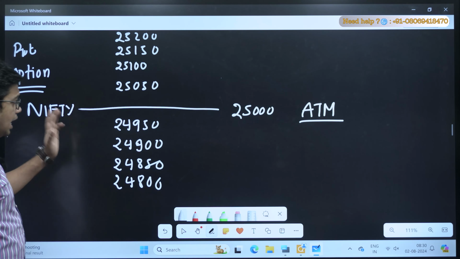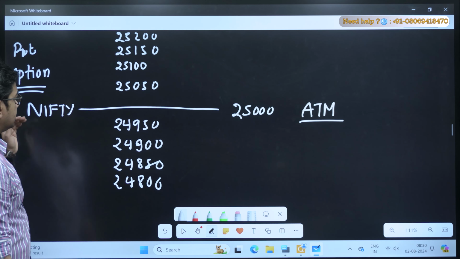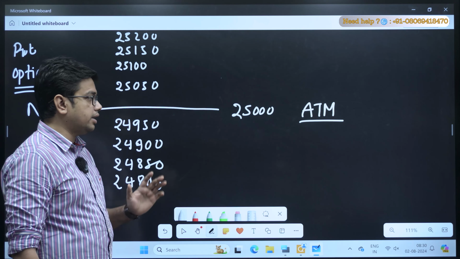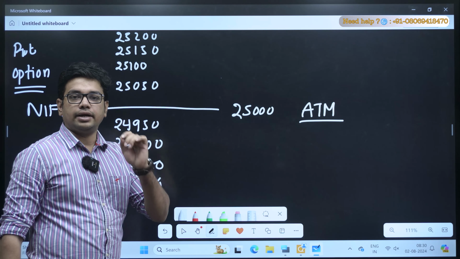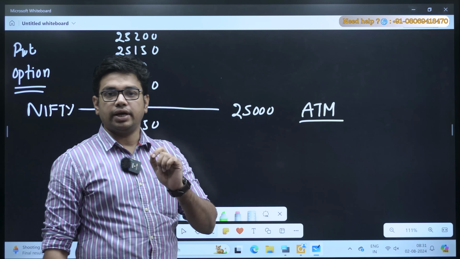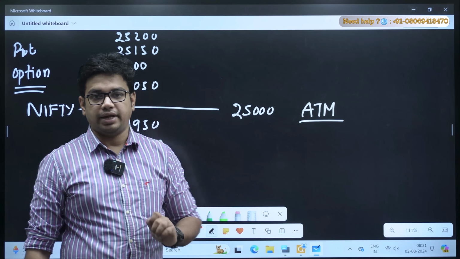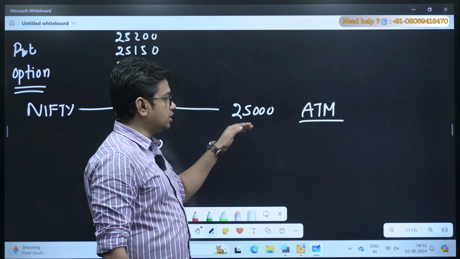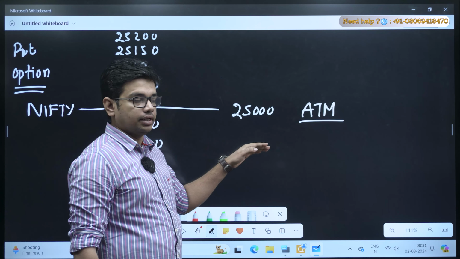I have already made some arrangements. Just consider that this is the level of ATM right now. Whatever the current price running at a particular point of time, that will be known as the spot price.